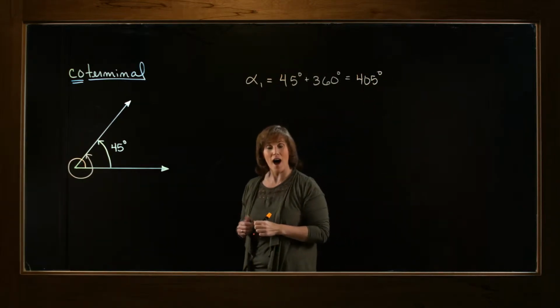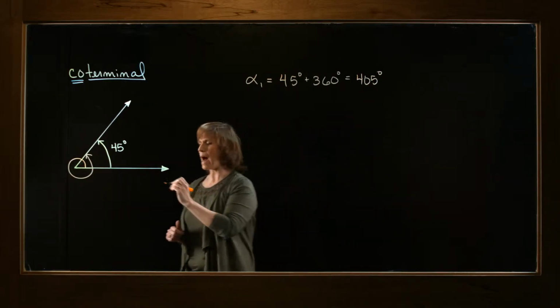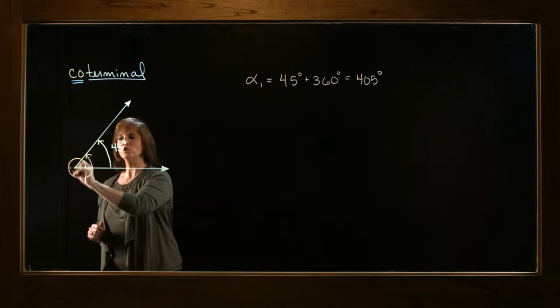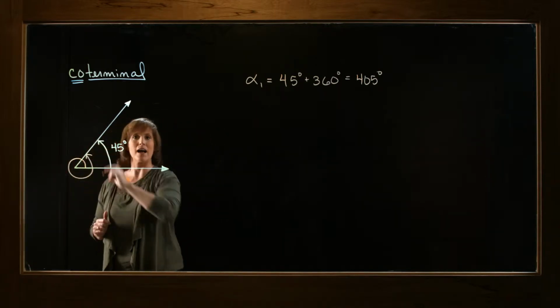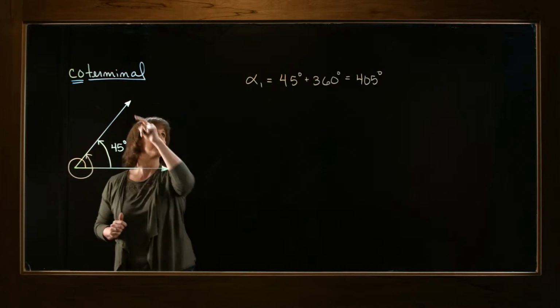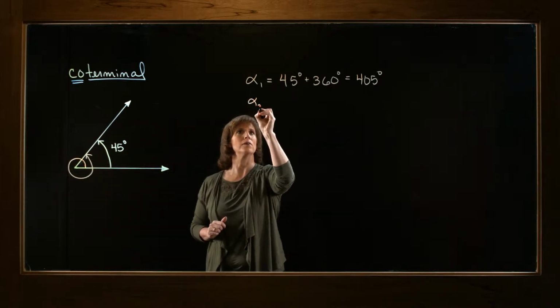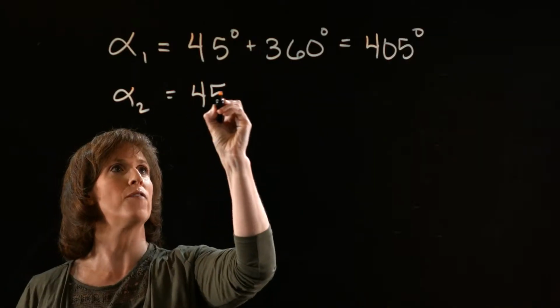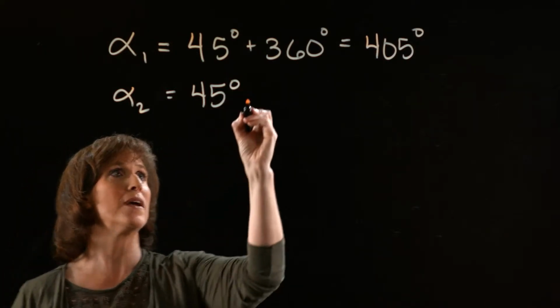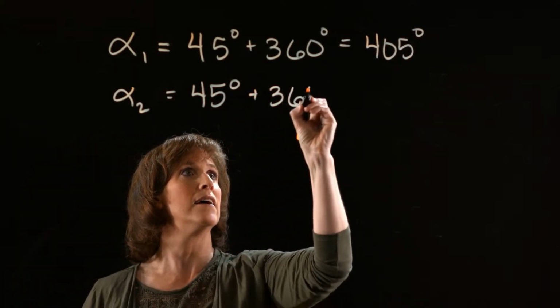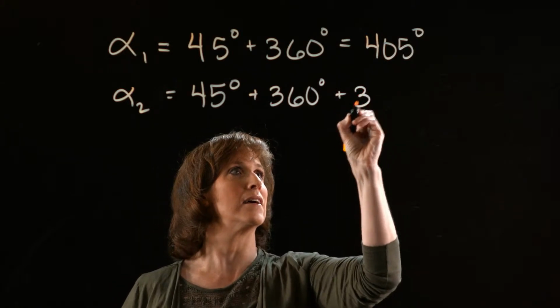Now, I told you that there are other possibilities. What happens if you go twice around and then back to the 45-degree line? Well, let's call that alpha 2. So we could start with a 45-degree angle and add 360 twice.